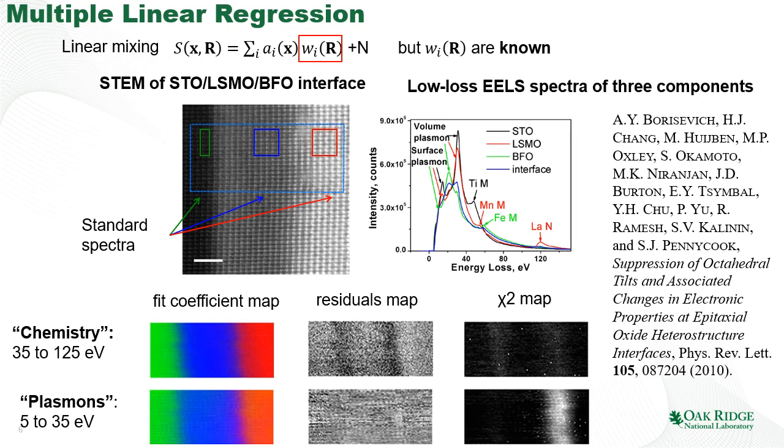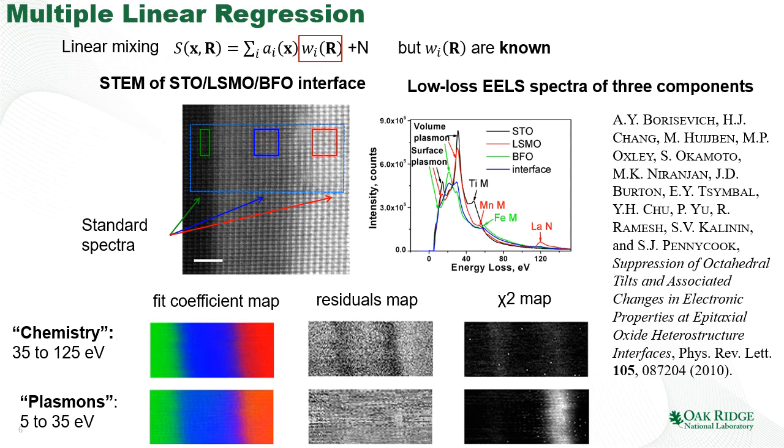We can collect the spectra and somewhat arbitrarily assign them to be the known endmembers. And then what we can do is take the spectra in this blue region and try to represent the spectrum at each point of this blue region as the linear combination of the spectra in this region, and these regions.